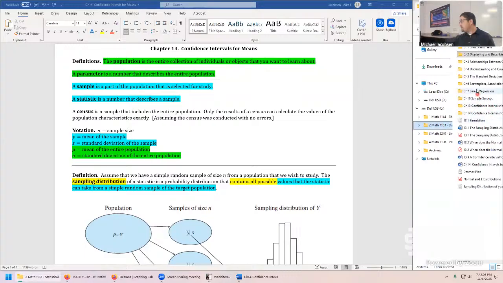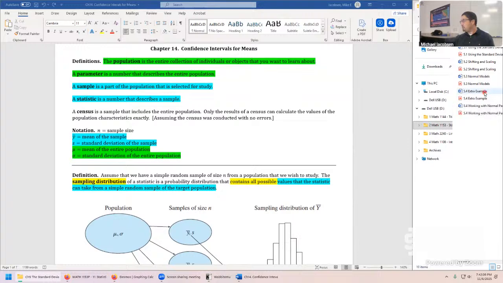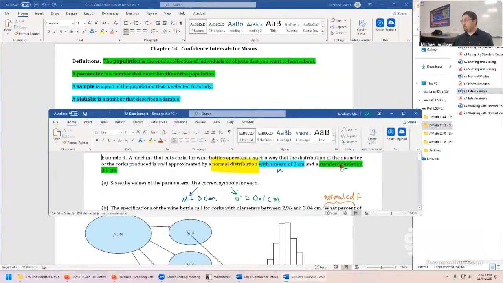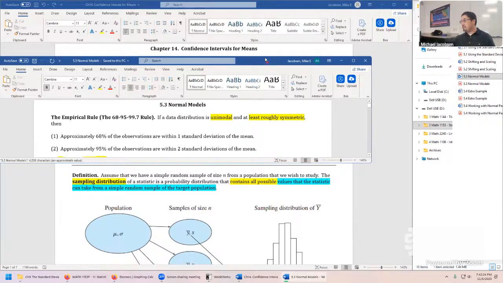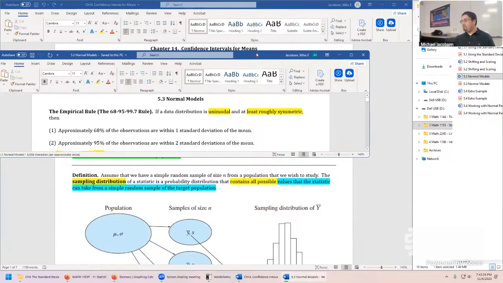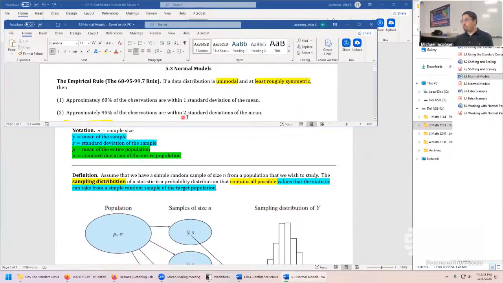But that was another purpose of chapter 5. It gave us a good way to think about what the standard deviation is doing for us in terms of spread. That was section 5.3, the 68-95-99.7 rule. It's easy to say what the mean does: it's the center of the distribution.